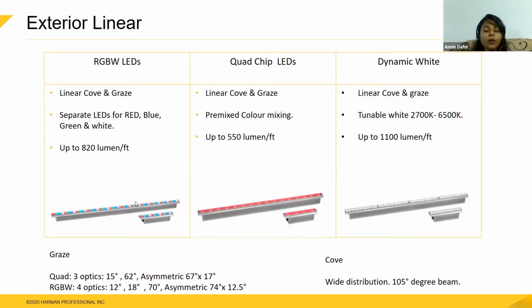And when you talk about optics, there are two optics that these linear graze fixtures come with. One is the graze optics and the other one is the cove variant. So the graze comes with a narrow, medium and asymmetric lens, and the cove just comes with one wide beam angle of 105 degrees, and it can be used for indirect lighting applications on the facade.